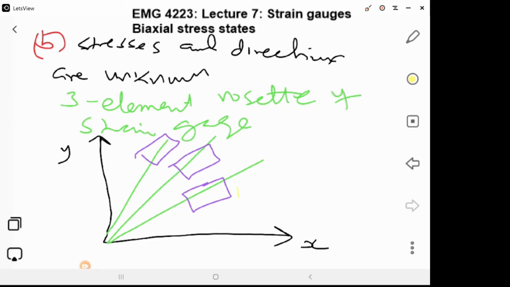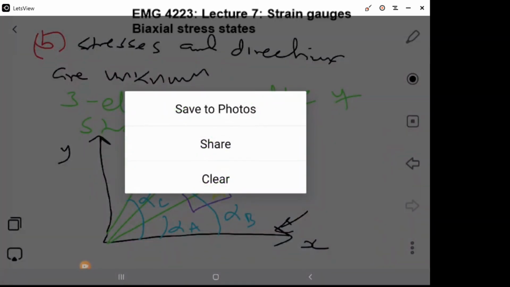We can call them A, B, and C. They are at an angle alpha A, alpha B, and alpha C from the x-axis.